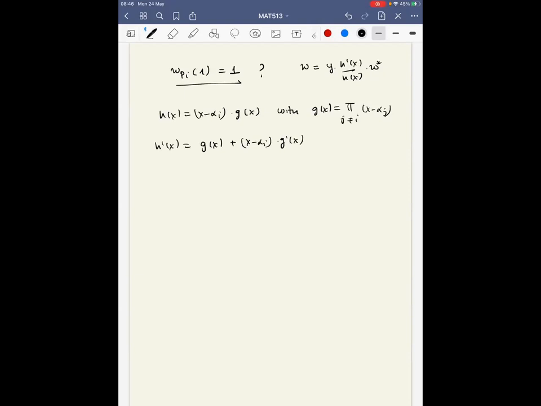And if we want to understand this local component, v_π of 1, that means thanks to this equality, we want to understand the local component of this Weil differential at π of 1.